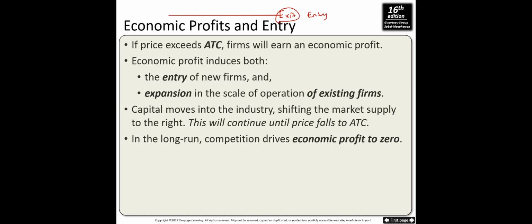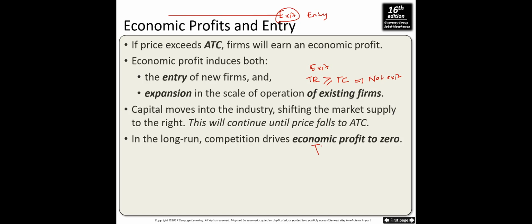When you make the exit decision, you are comparing total revenue not only with variable cost, because everything is variable in the long run. You are comparing total revenue with total cost. So if total revenue is greater than or equal to total cost, then you do not exit.